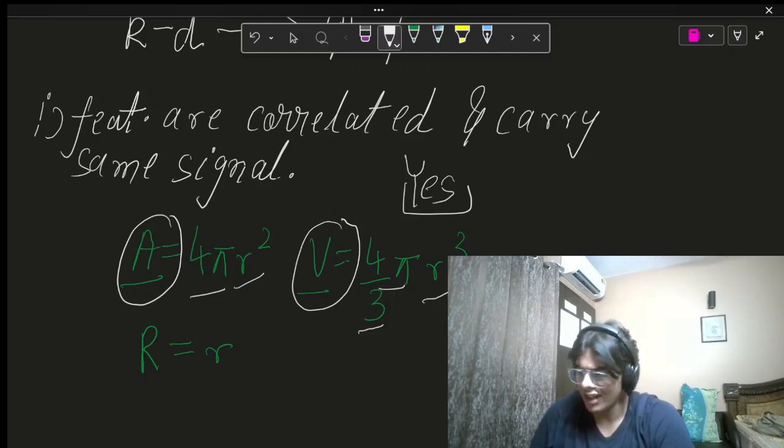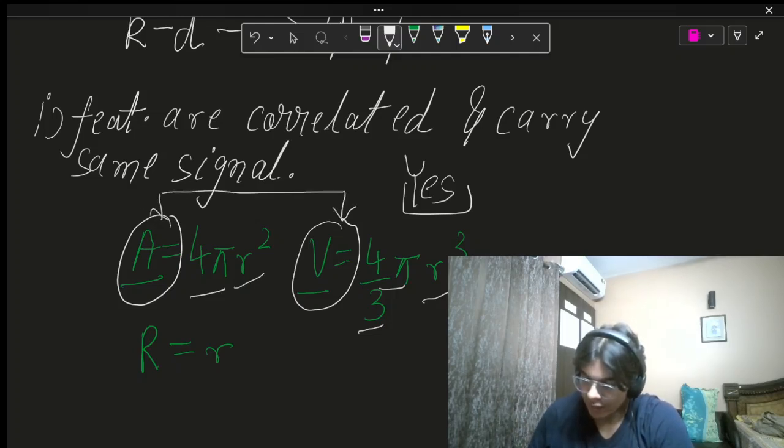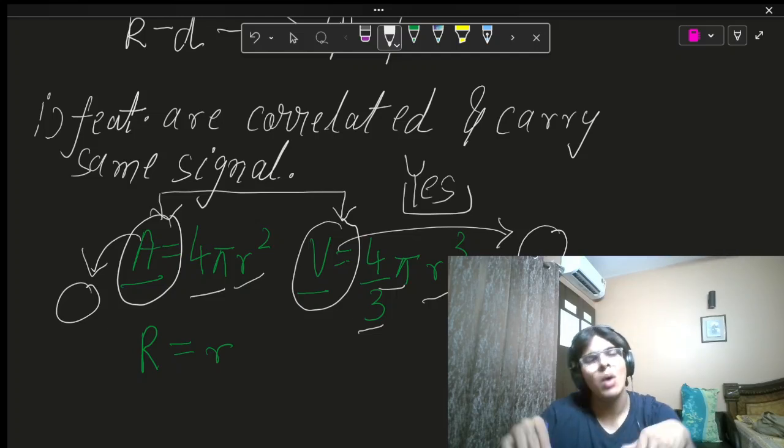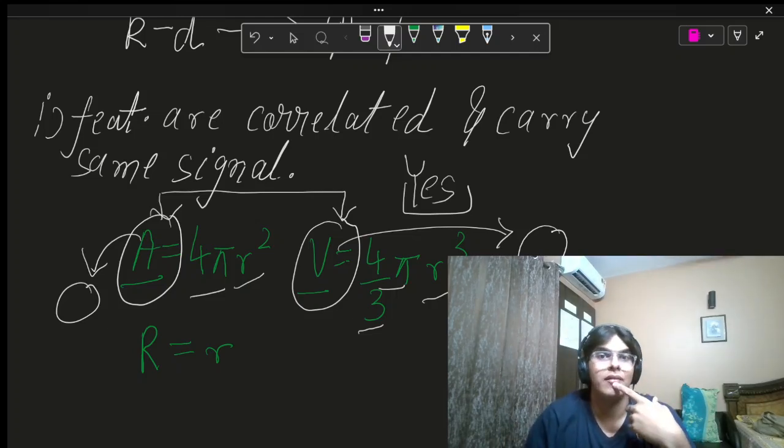Okay, so this is like a very simple example. This is not what actually is happening, but I just wanted to explain that in this case these two features are correlated. And if I have the answer for area, I can also very easily get the answer for volume. There is no point in keeping both of these features in the dataset at the same time. It will lead to unnecessary redundancy. Why?